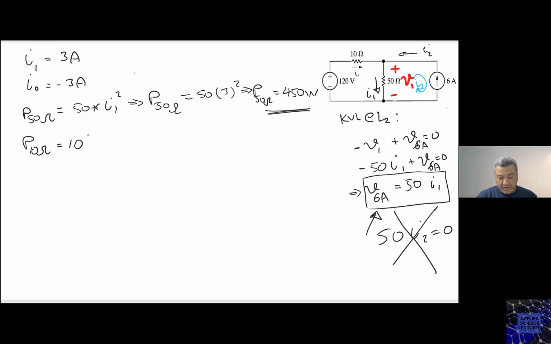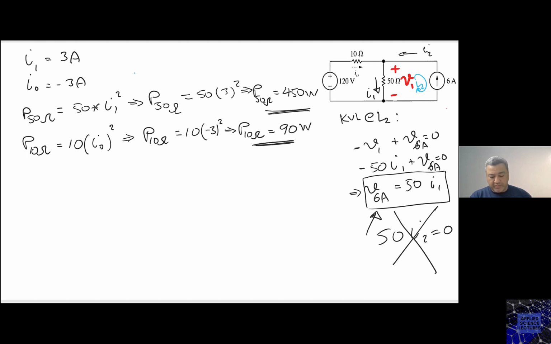So it's going to be 10 times I naught squared, I naught as minus 3, and P10 ohm is 9 times 10, which is 90 watts.